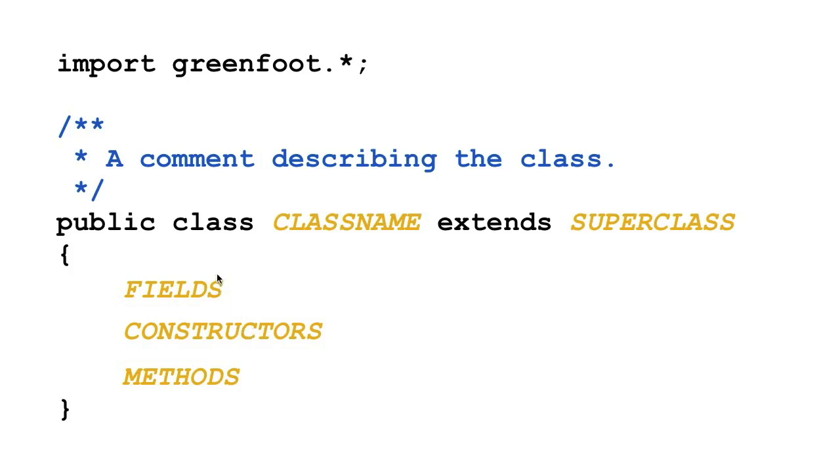But these are really the only things. So this is the complete structure of a class in Java. There's always this class header, and then follow optionally fields or constructors, which may or may not be there, and then a list of the methods.